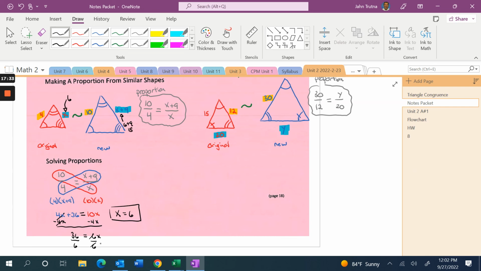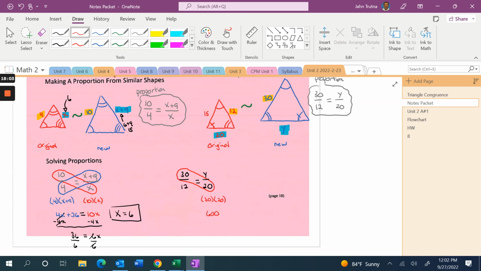Okay, so I can take that and plug it in. Now let's go over here to my second example. My proportion was 30 over 12 is equal to y over 20, and I'm going to solve this proportion just like I solved the other proportion, by using the cross multiplying technique. So I'm going to multiply the 30 with the 20, and write that result down, which is 600.